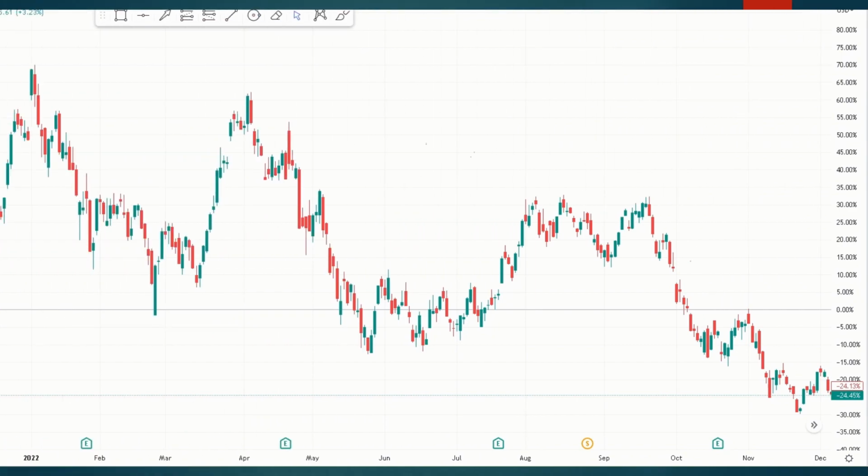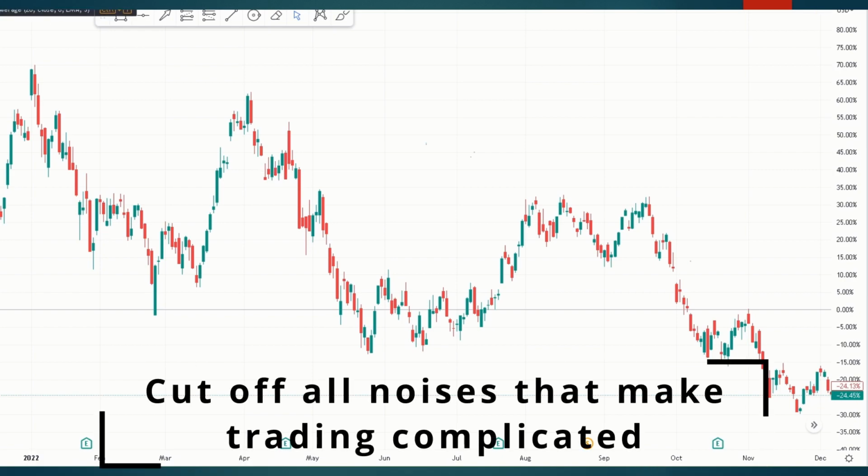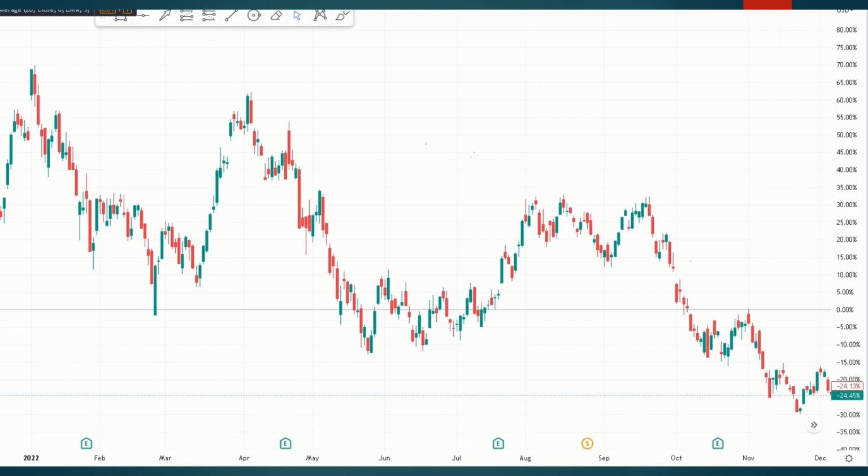To avoid all that confusion in our charting, we need a better and proper approach. In other words, we need to cut off the noise and make it easier for us to make a proper execution decision. So what should we do? Well, I picked the most widely used tools that most traders use, which also eliminates and avoids false signals.